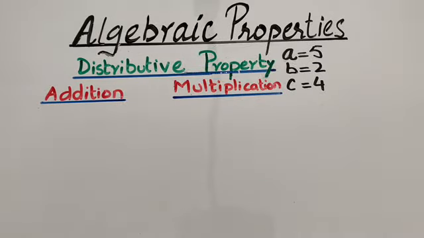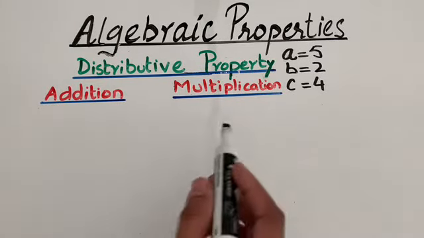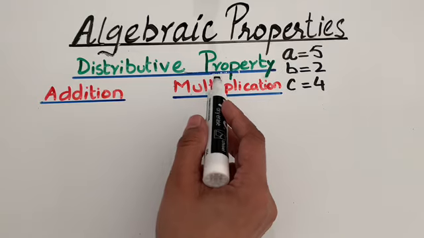Now the fifth property combines both addition and multiplication and is known as distributive property.